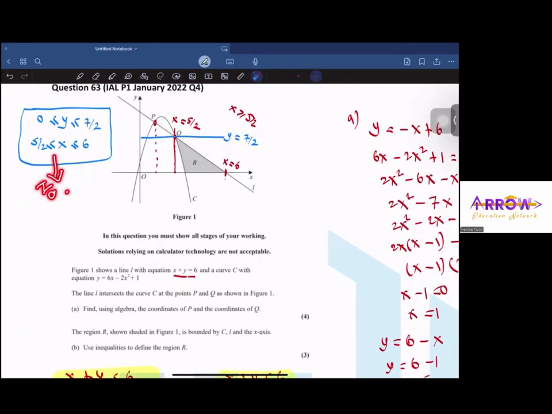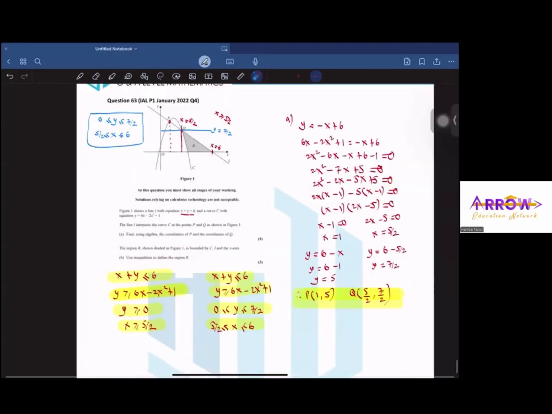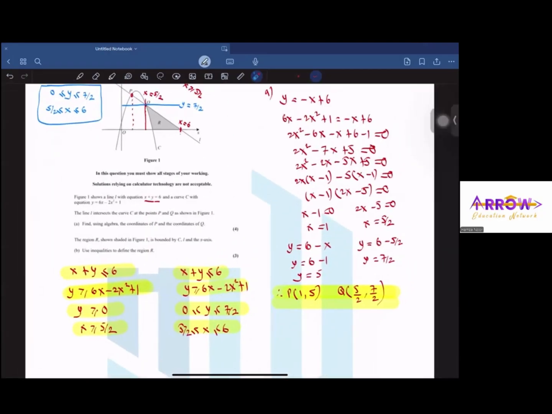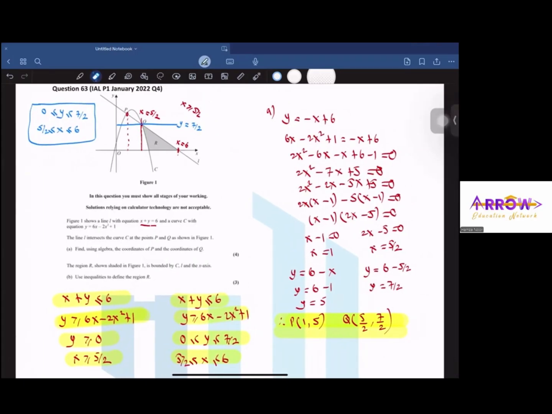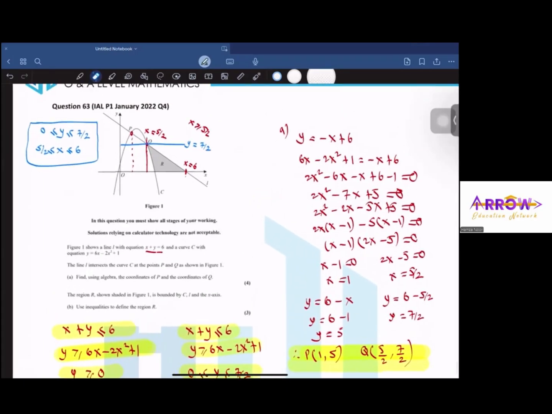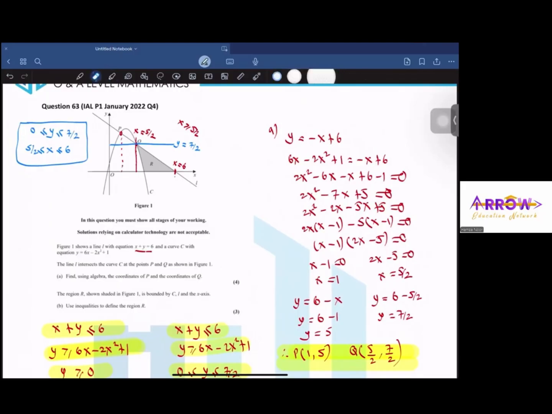However, if anyone uses it, that's perfectly fine. You will get full marks. But this is not compulsory to use. So either you can write your answer in this way, or you can write your complete answer in this way. Right? So this is how you solve this question. Okay. But the way in which I have already explained things is already enough.